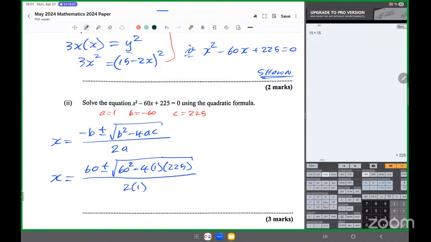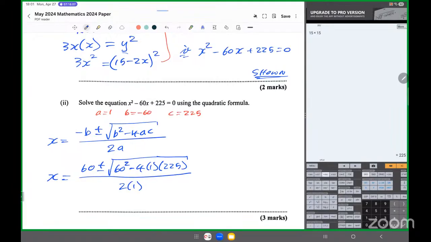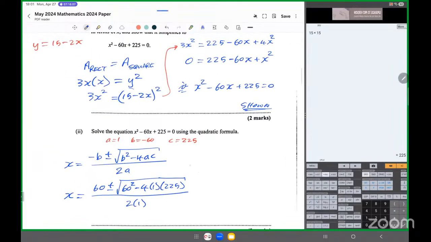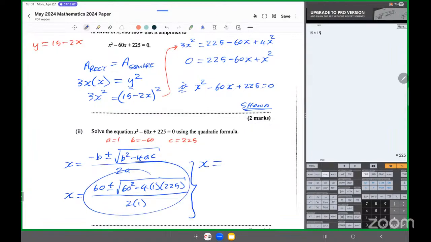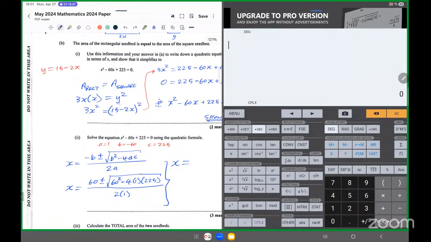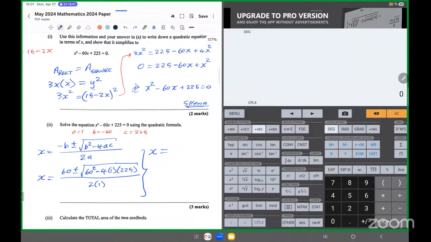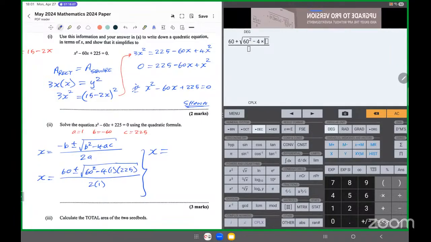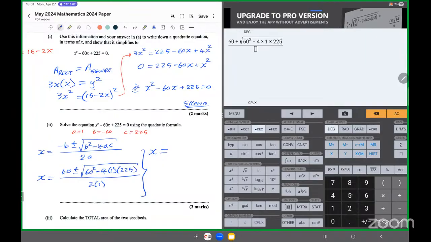All right? You're going to plug them in the calculator and get the 2 values for x, one with the plus and one with the minus. So we're going to get, firstly, using the plus first, the fraction 60 plus the square root of 60 squared minus 4 times 1 times 225, all over 2.